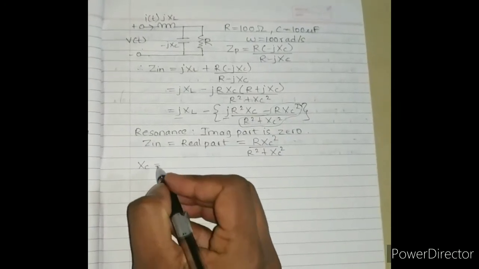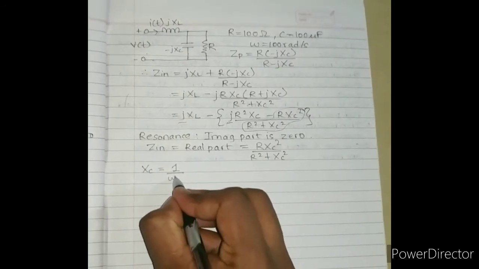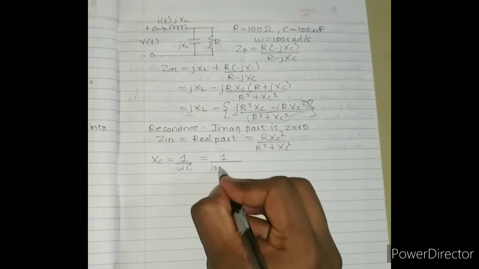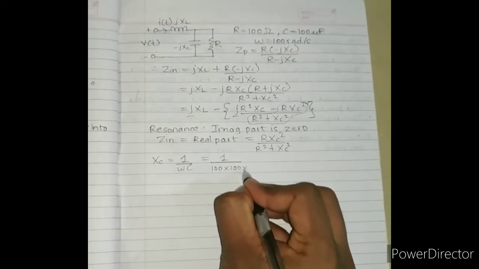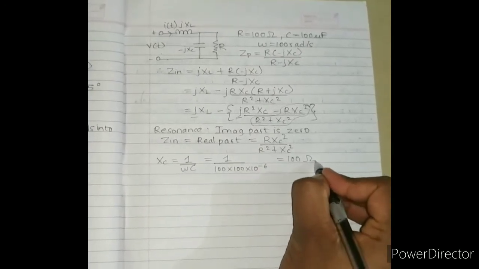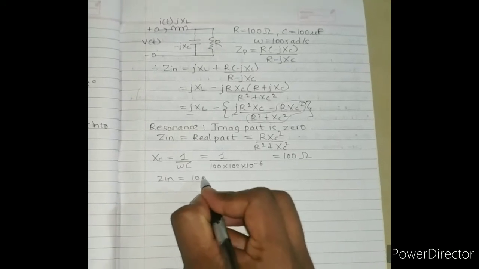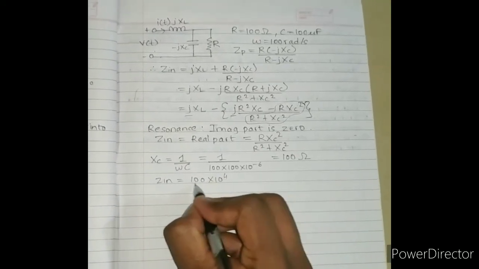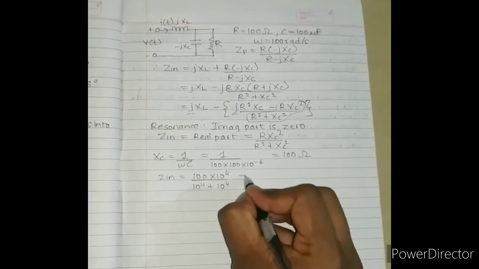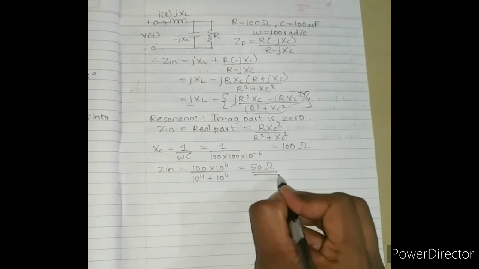Now XC is equal to 1 upon omega C, which is 1 upon 100 into 100 into 10 raised to minus 6, which turns out to be 100 ohms. Therefore Zin is equal to 100 into 10 raised to 4 upon 10 raised to 4 plus 10 raised to 4, which turns out to be 50 ohms. So the input impedance is 50 ohms.